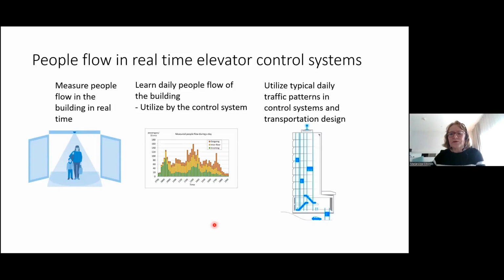But also when we obtained a lot of data from different buildings around the world, we got more information on how the buildings work, and started to use this information also in elevator and escalator design.